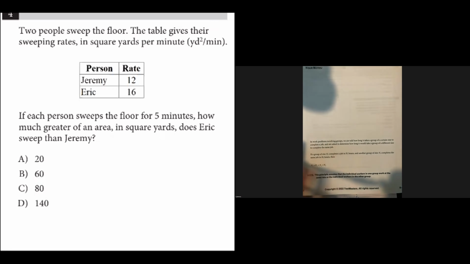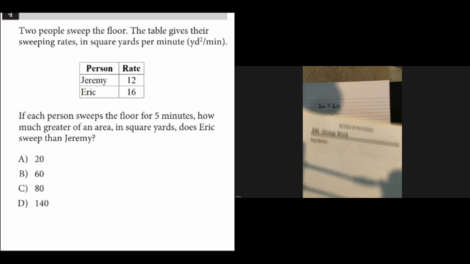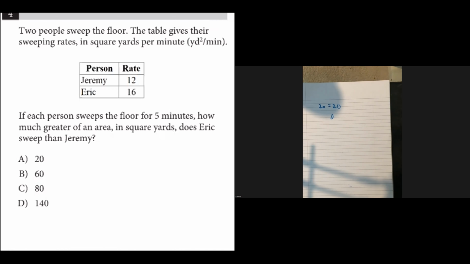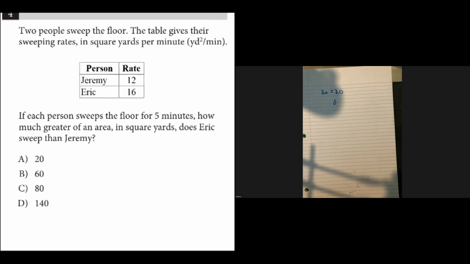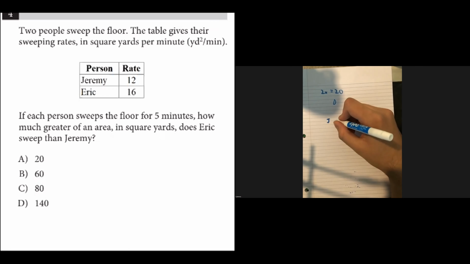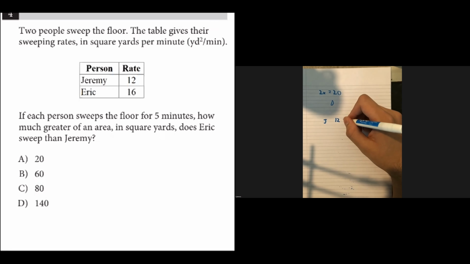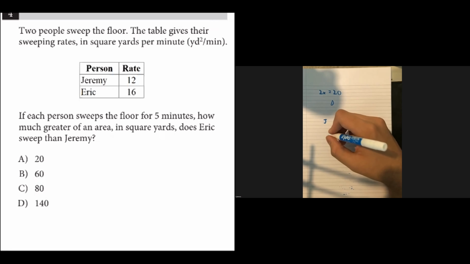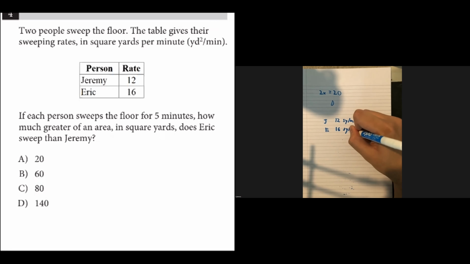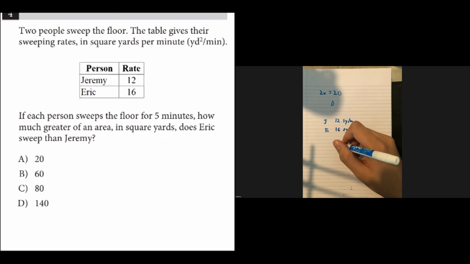And so for this one, we're given that Jeremy sweeps 12 square yards a minute. And we're given Eric sweeps 16 square yards a minute. And it asks if they sweep for 5 minutes, how much greater does Eric sweep than Jeremy?